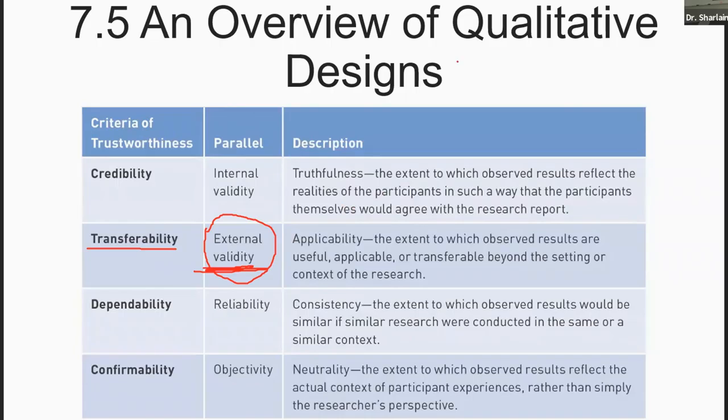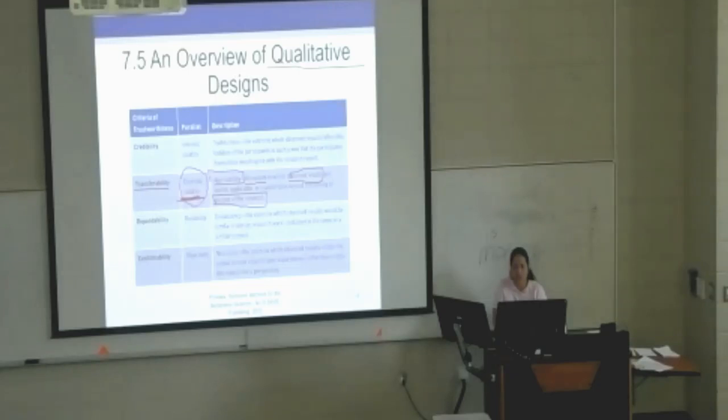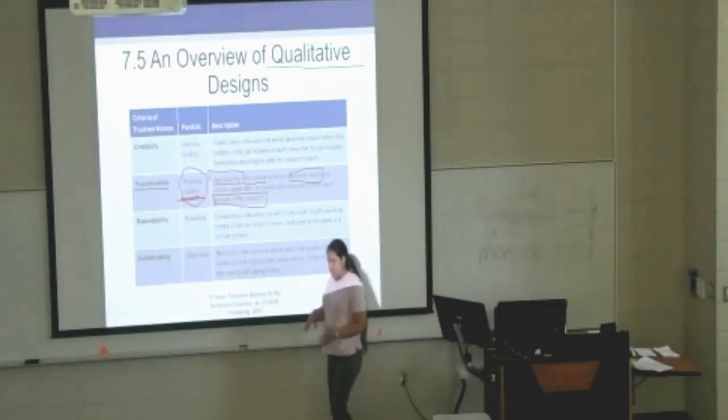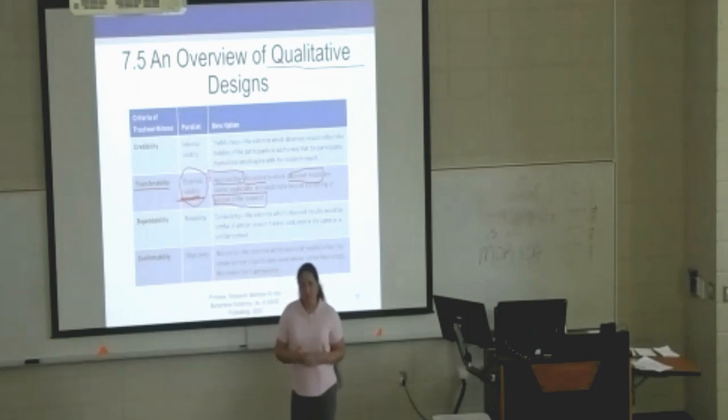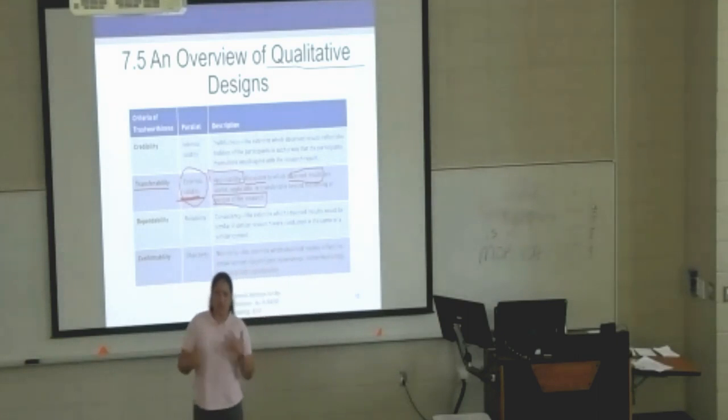But when we are talking about qualitative research, we are referring to applicability. What is the extent of these results? How much can I apply these results beyond the context of the research? How much can I actually utilize this information towards another group? So for instance, if I am trying to study a very specific group, which sounds very qualitative, I want to study persons who identify as transgender currently in transition at a big university, their levels of stress.